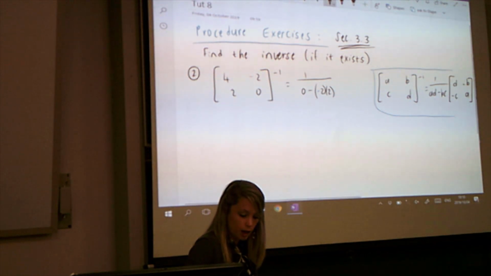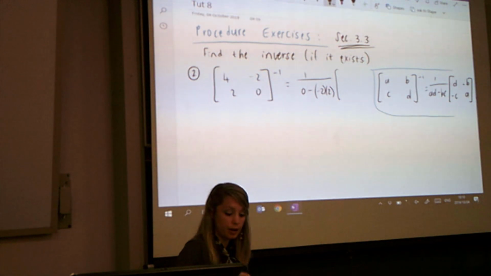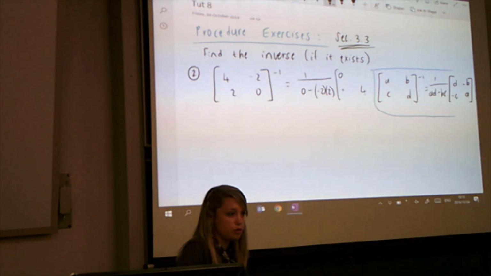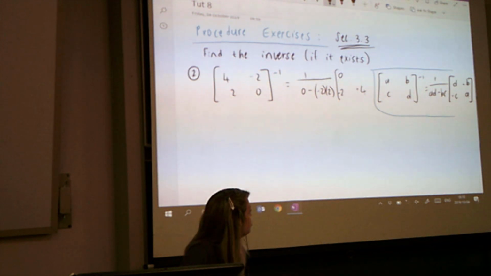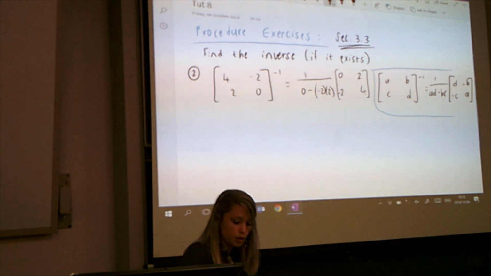and then we have our matrix, so we're going to swap the 4 and the 0, and we're going to change the signs of the 2 2's. So the 2 is going to become minus 2, and the minus 2 is going to become 2.